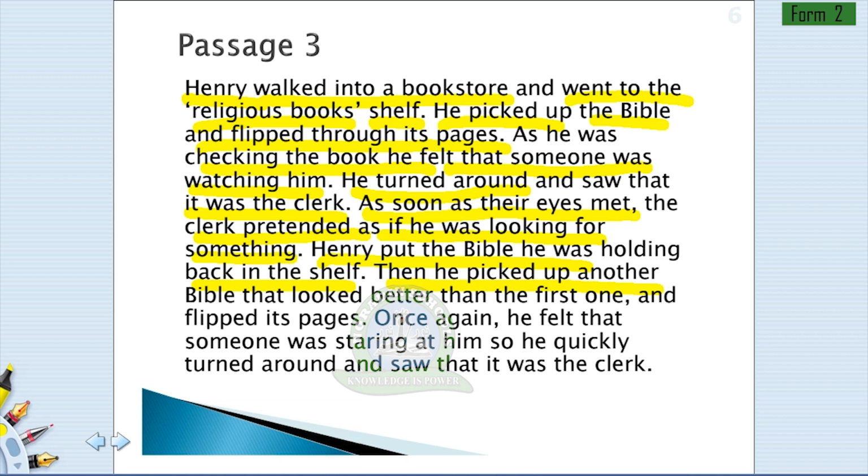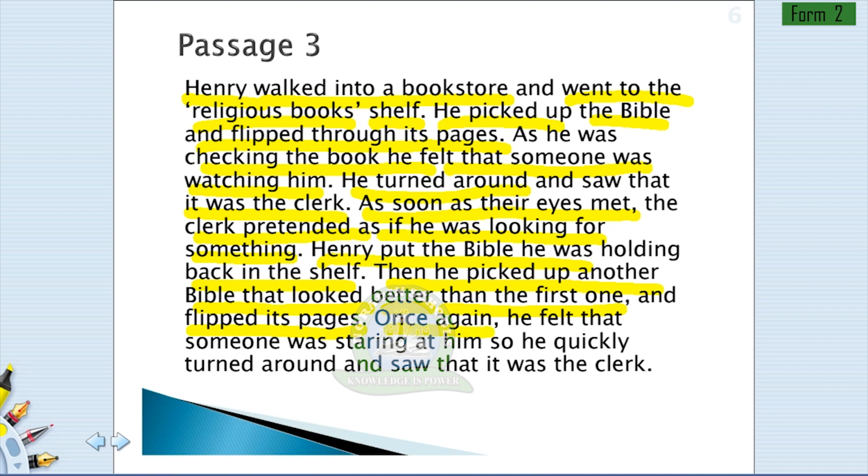Then he picked up another Bible that looked better than the first one, and flipped through its pages as usual. Again, he started to flip in order to check the content of that book.